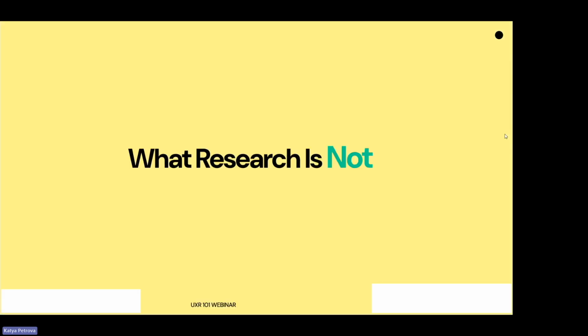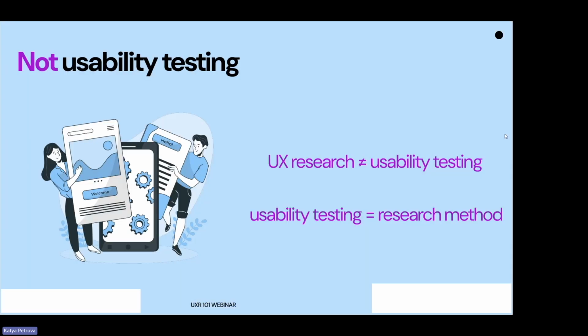Now, by popular demand, let's go through some of the common misconceptions about UX research that I've encountered. The first one is that user research is not usability testing. Let me explain. Usability testing is important, and it's probably the most well-known method out there.